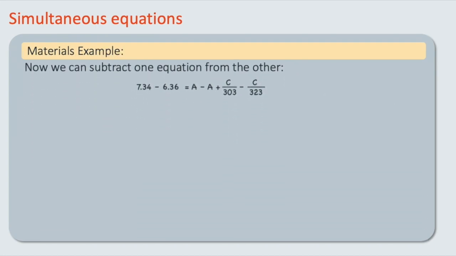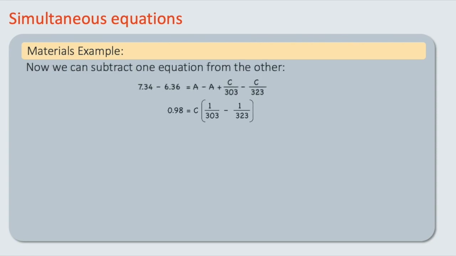Let's do the takeaway operation. So this gives us 0.98 is equal to C multiplied by bracket open 1 divided by 303 take away 1 divided by 323 bracket closed.